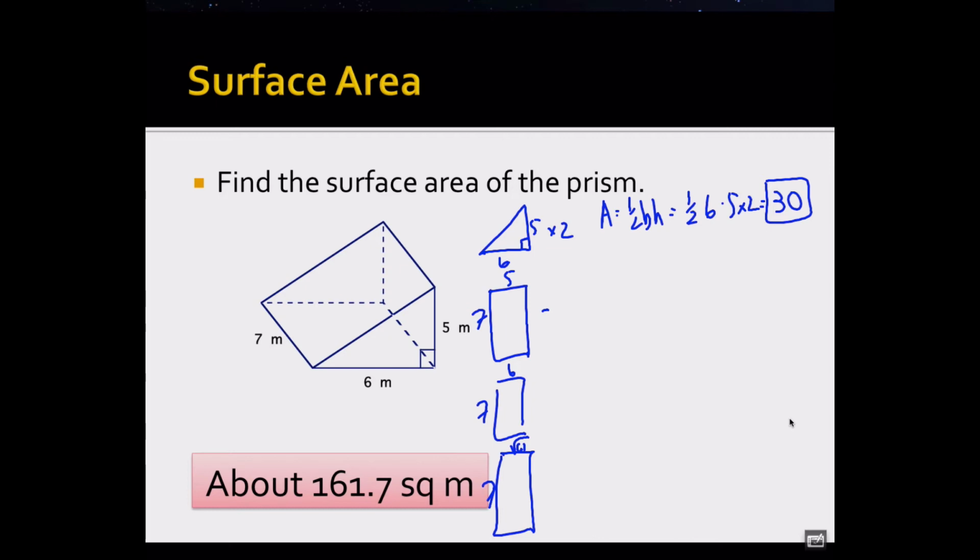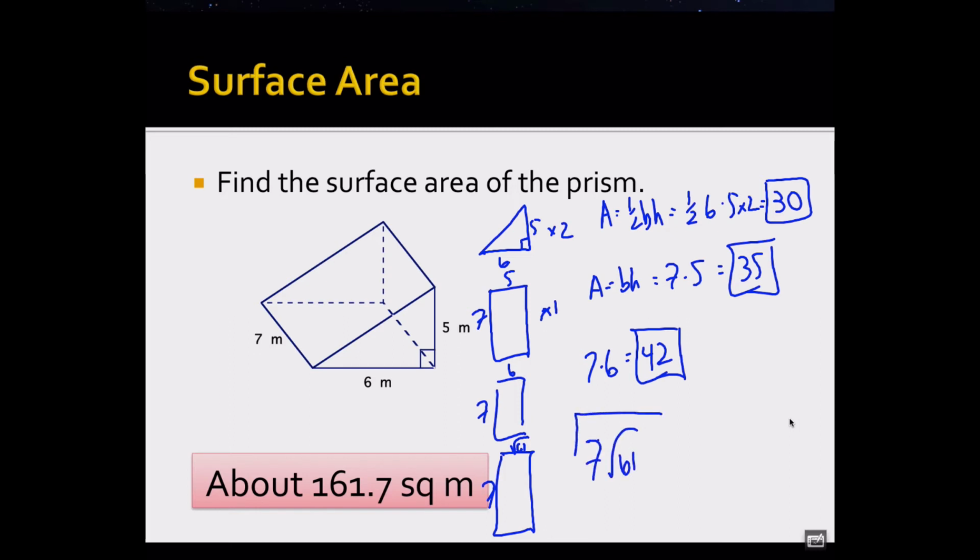Area is base times height. 7 times 5 is 35, put a rectangle around that. 7 times 6 is 42, rectangle around that, and then 7 times the square root of 61, put a rectangle around that.